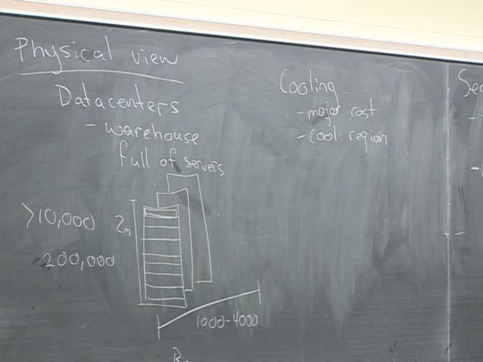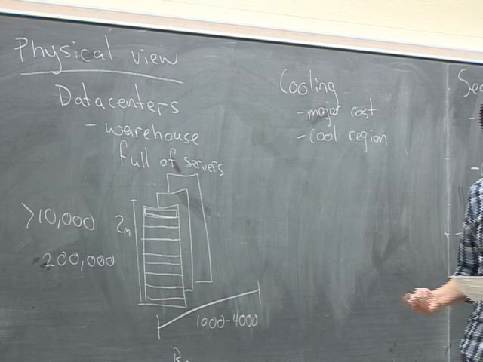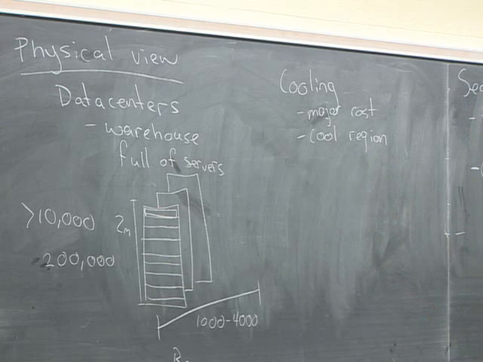At that temperature, you can just use the outside air to cool your servers. So this is a rough physical view of the cloud: data centers, which are giant warehouses filled with many, many servers.